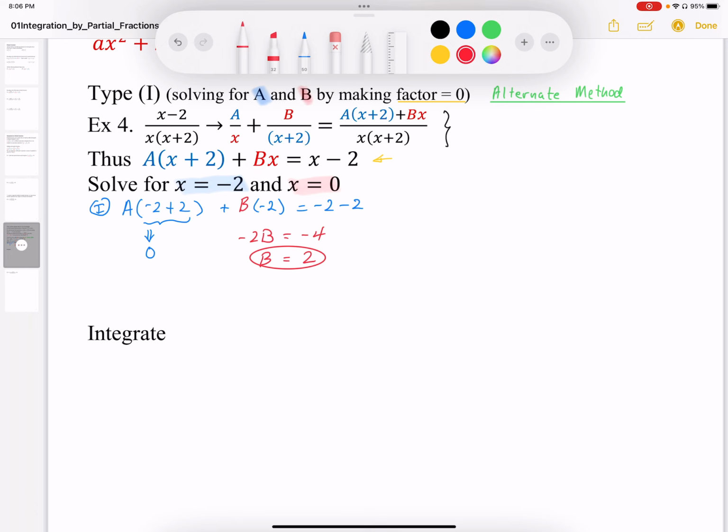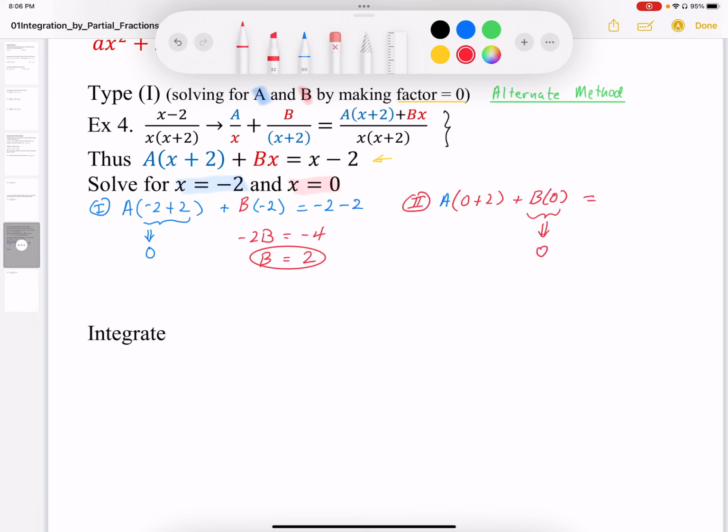Now, secondly, we can solve for the a. What we're going to do is substitute x is 0 this time. When we substitute x is 0, I'm going to end up with 0 plus 2 plus b times 0. Again, this portion generates a 0 factor, which is equal to 0, so that part disappears.